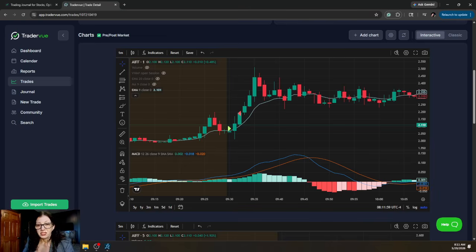Okay, so let's give a rough summary here. The 9 EMA is an exponential moving average that tracks the average price of the last 9 candles with more weight on the most recent candles. You read it by asking, is the price above or below your 9 EMA?